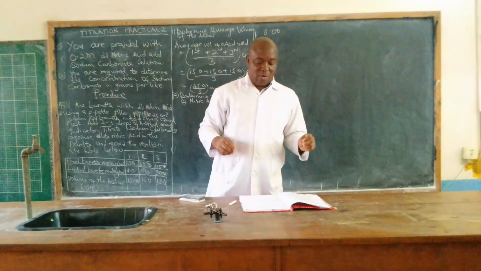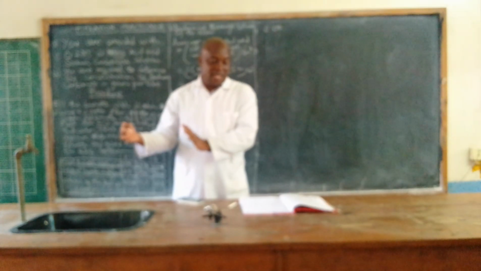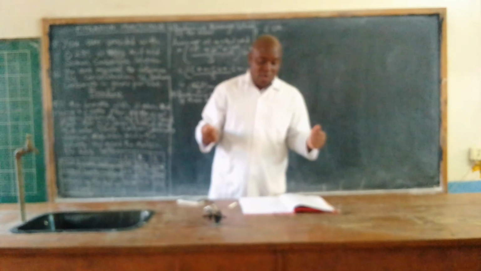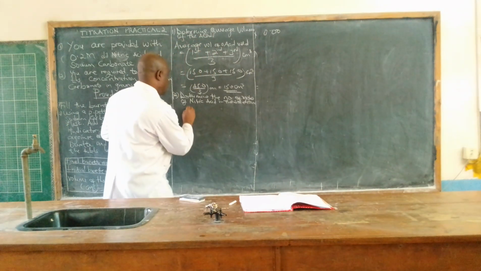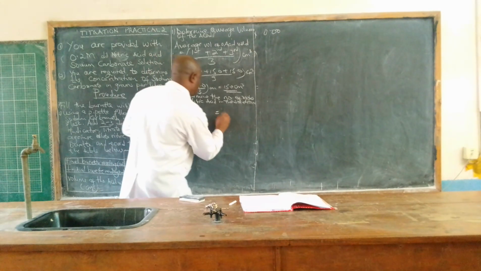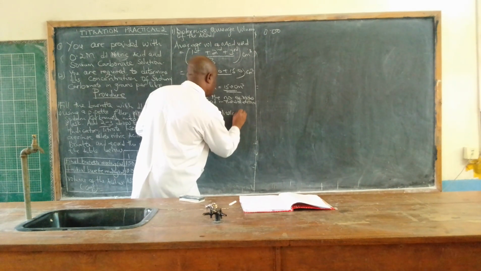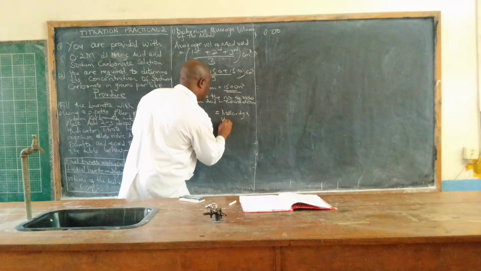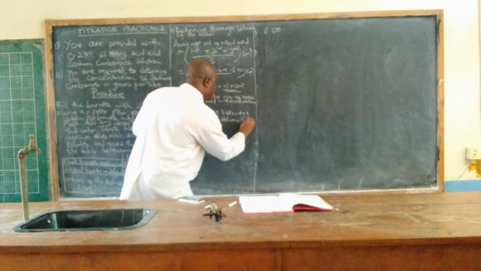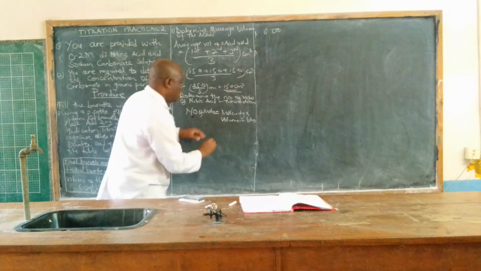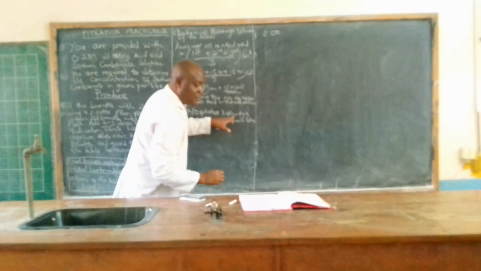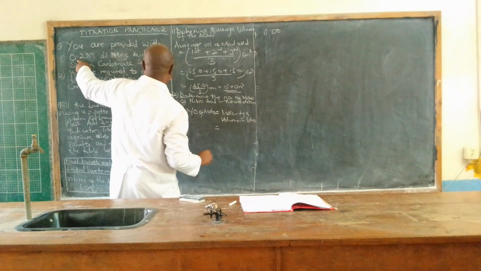There is a way whereby we can approach it using one procedure or the other. But in this case, the number of moles is equal to molarity times the volume in liters. So we substitute. The molarity, remember we have been given here, is 0.2.